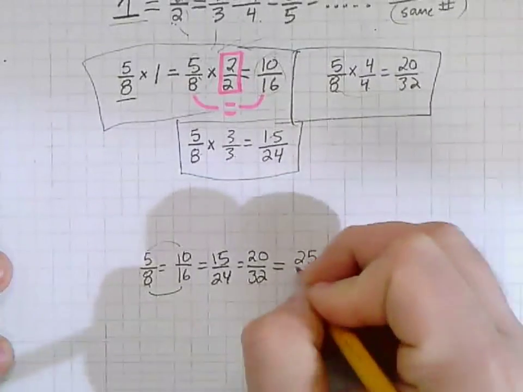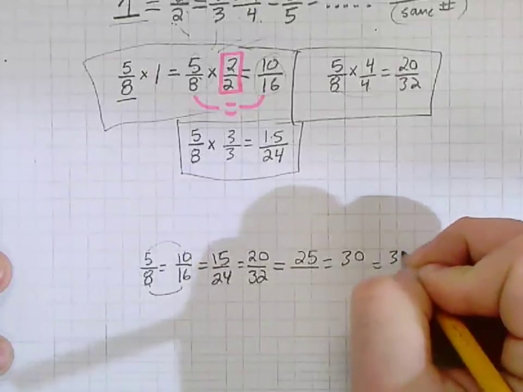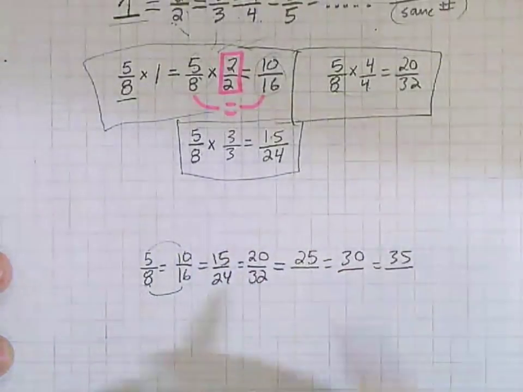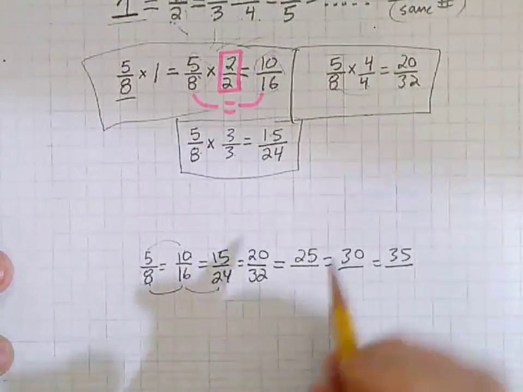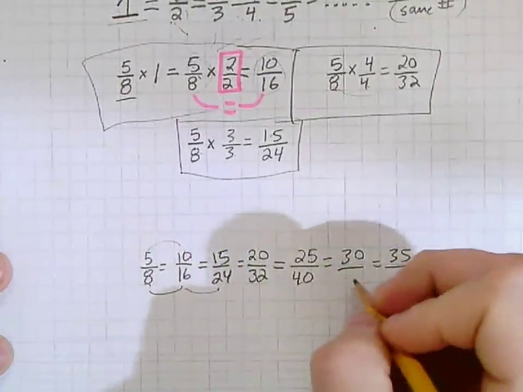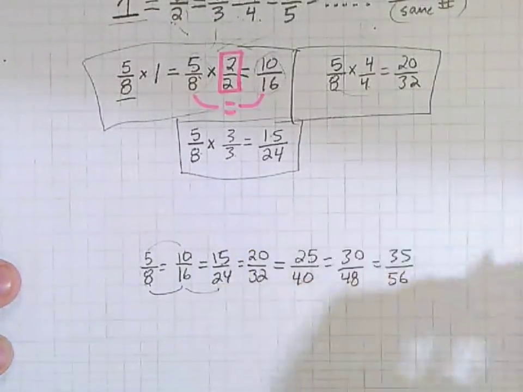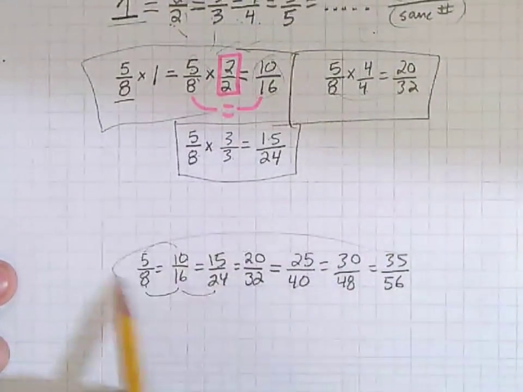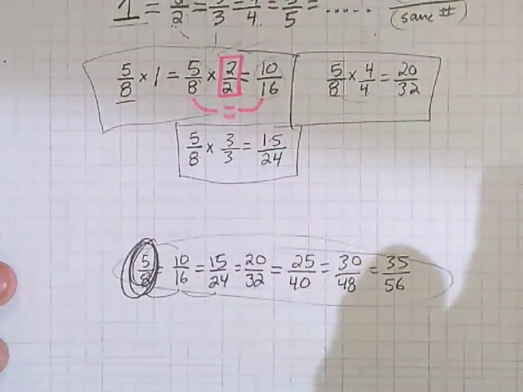The next one is 25. The next one is 30. The next one is 35. I also know my 8s pretty well. 8, 16, 24, 32, 40, 48, 56. All of these are equivalent fractions to that guy right there, 5/8.